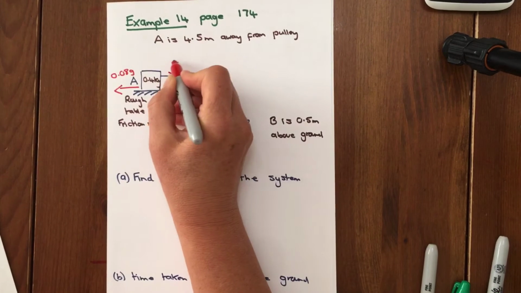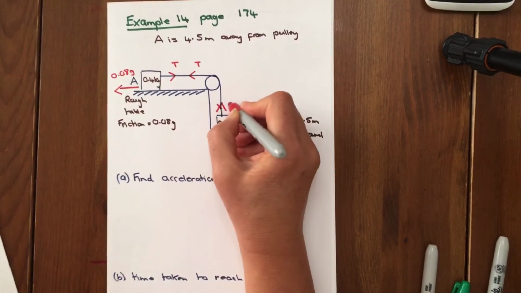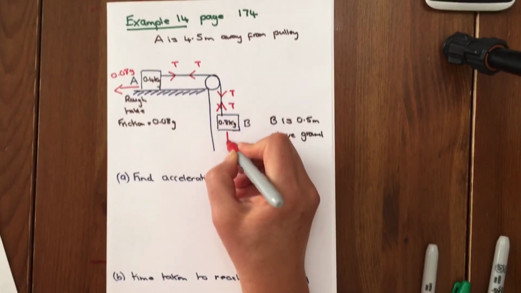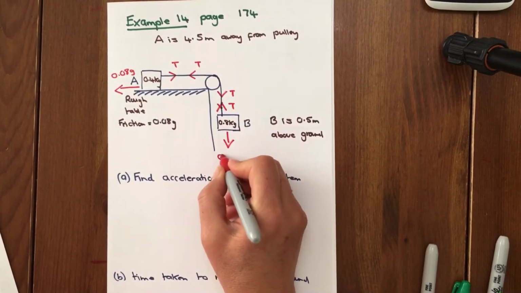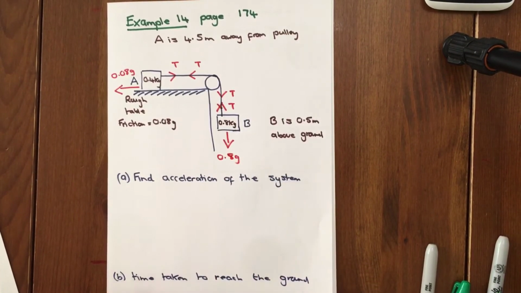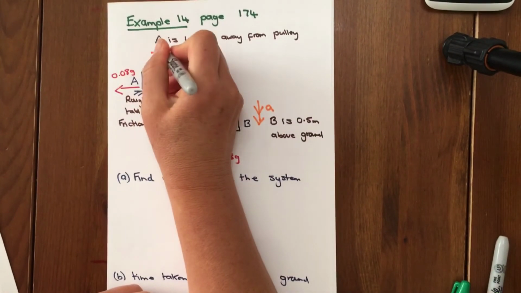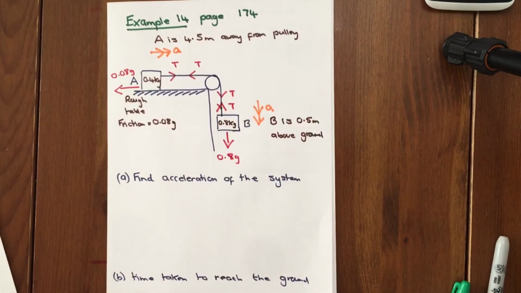We've got tension going up, tension going down, and our weight 0.8 g. The whole thing is accelerating this way, the whole system. We can treat the whole system as one.